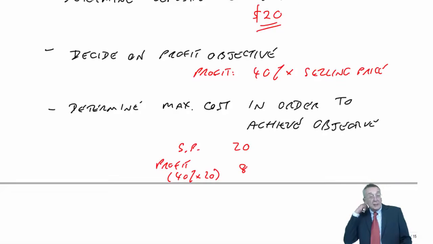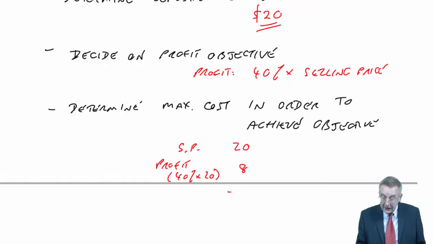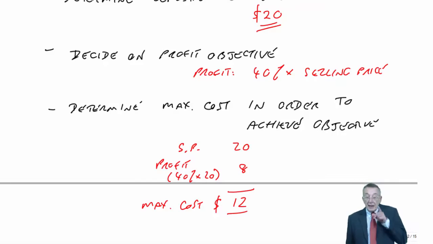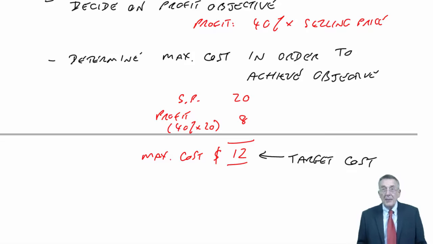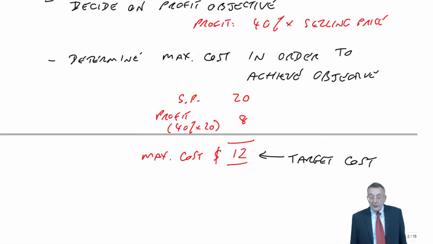If we're going to get a profit of 8, it means that the maximum cost, if we're going to achieve that, is 12. If we can make this for $12 or less, then we'll achieve our objective. And that 12 is now our target cost. It's our aim, it's our target. And we've got to now see, can we make this for a cost of no more than $12?